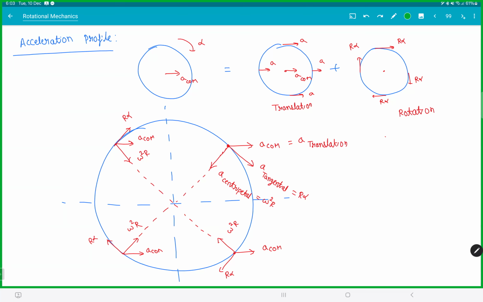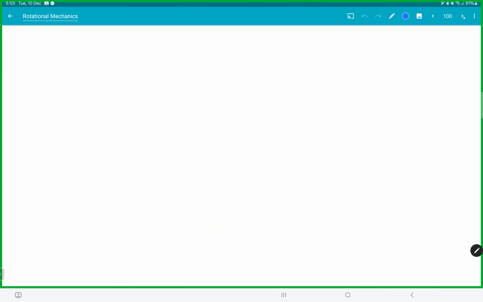Now, if you go for the no slipping condition for a rolling body, this is the important one. Like I said, there are three important things: torque, which you have already done, moment of inertia, and the third thing is the no slipping condition. So consider we have a body here on a plank.